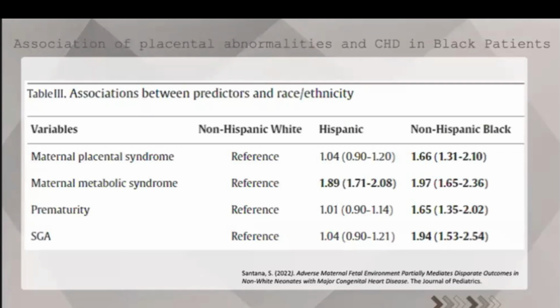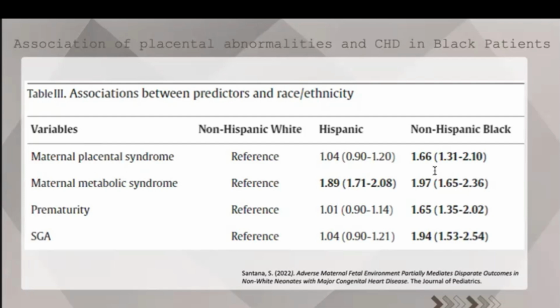So this is a population-based study from 2011 through 2017, and this data was taken out of California. They wanted to determine whether maternal insult impacted the amount of congenital heart defects. This study included over 2,000 non-Hispanic white infants, which were used as the reference group, a little bit over 5,000 Hispanic, and then a little bit over 600 non-Hispanic Black infants.